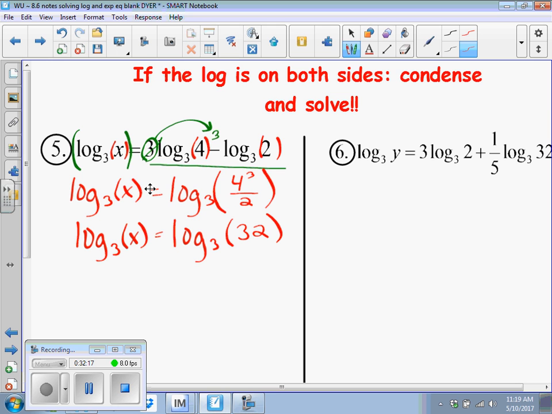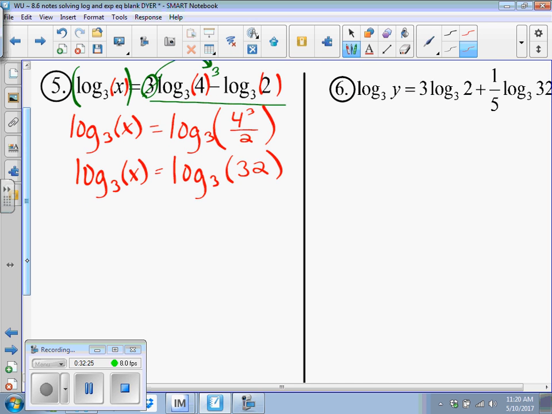Okay, so I have log base 3 of x equals log base 3 of 32. My base is 3. So I will say 3 to the log base 3 of x equals 3 to the log base 3 of 32. And what happens on both sides? They cancel. 3 to the log base 3 cancels here and here.